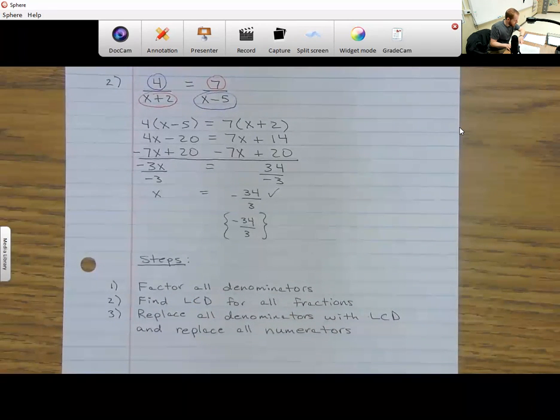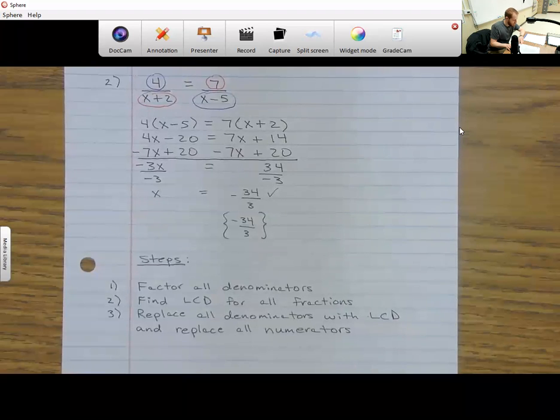And then the last thing you want to do is set the numerators equal to each other and solve for the variable.